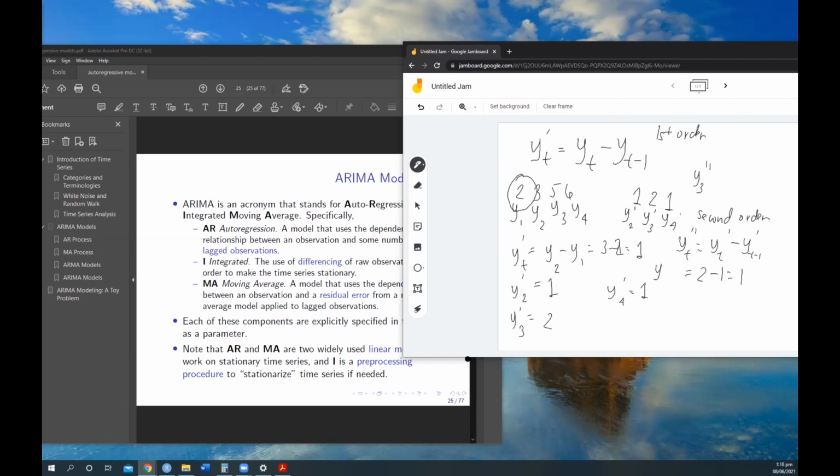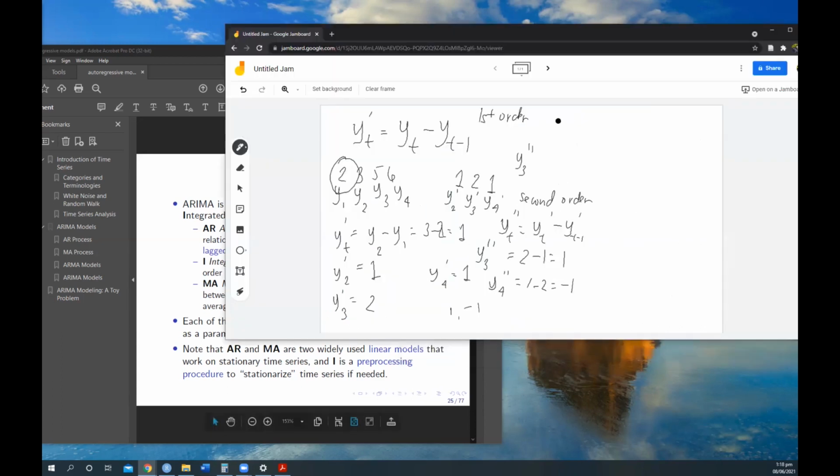And y4 prime prime is 1 minus 2 or negative 1. So we will have now 1 and negative 1. That is our second order difference.